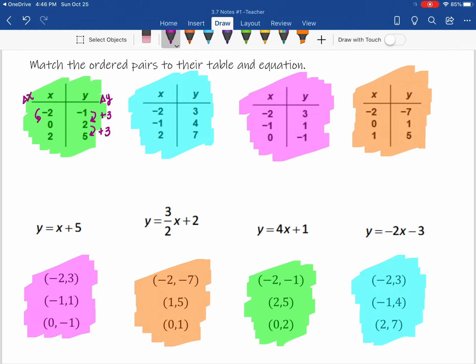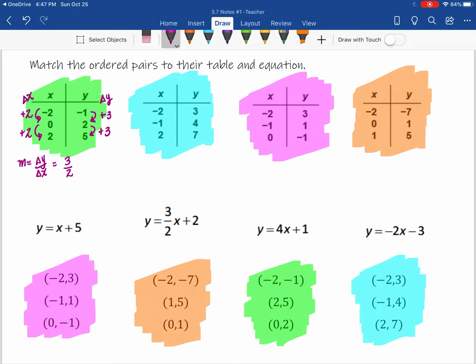I want to look at my change in x now. So my change in x, -2 to 0 is +2, 0 to 2 is +2. So I know that my slope, which is the change in y over the change in x, is a +3/2.